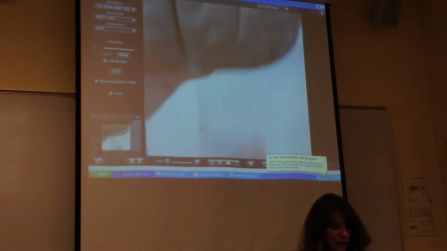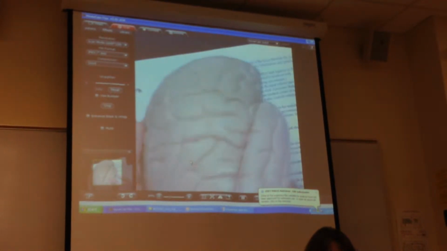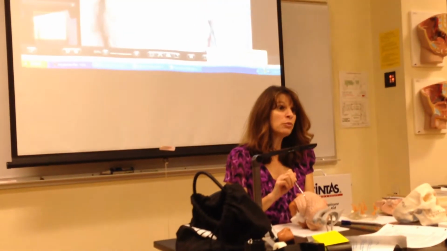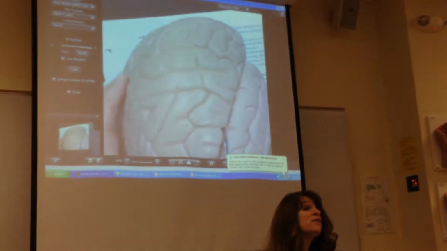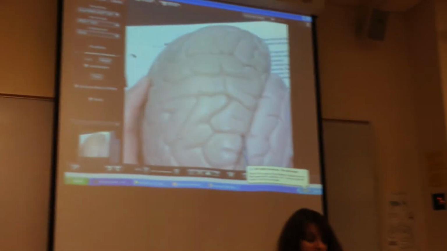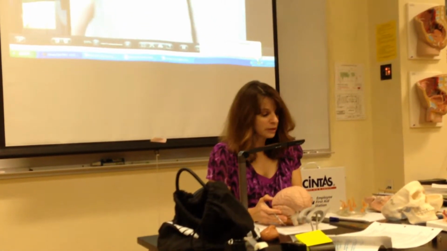Then if we come to the side, can you see the sulcus on the lateral side? We're going to call that the lateral sulcus. A fissure is deeper than a sulcus. Then if I come over here to the middle, we see this sulcus.